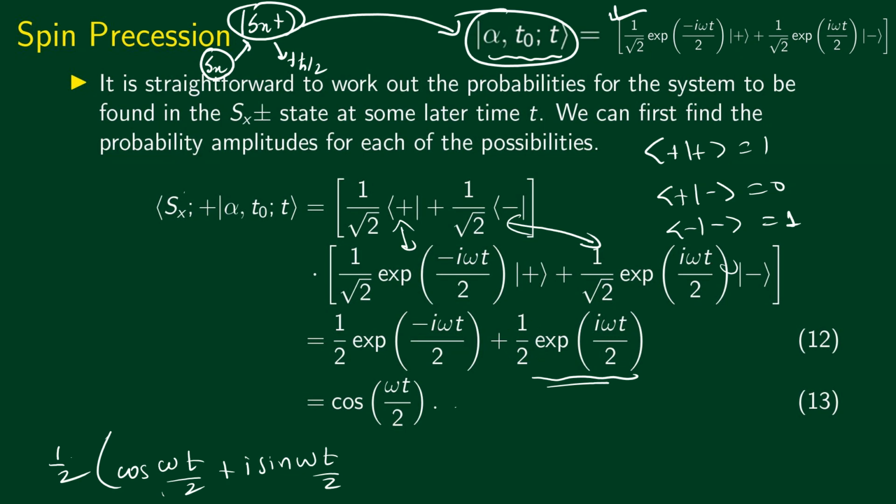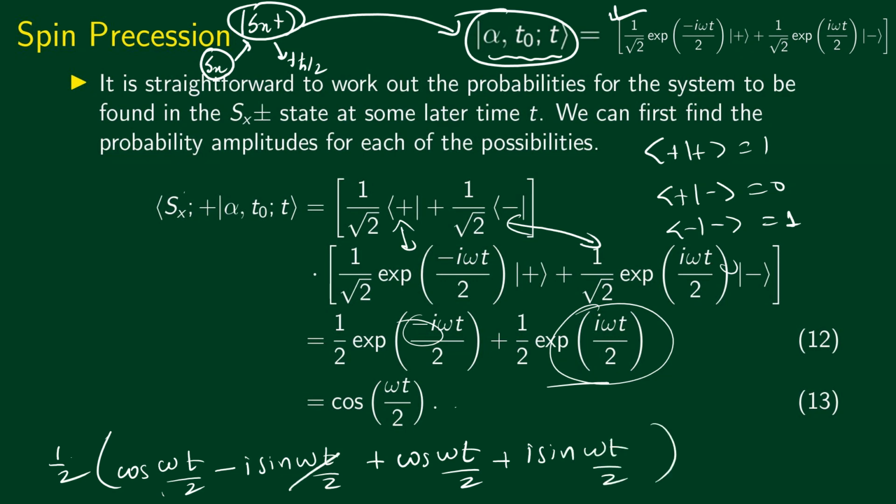It's exponential minus, so it's a minus here. Now the second term is expanded to cos(ωt/2) plus i sin(ωt/2). The sine terms cancel, and you are left with twice cos(ωt/2). There's a 1/2 here, so the 2 gets cancelled and the final result is cos(ωt/2).